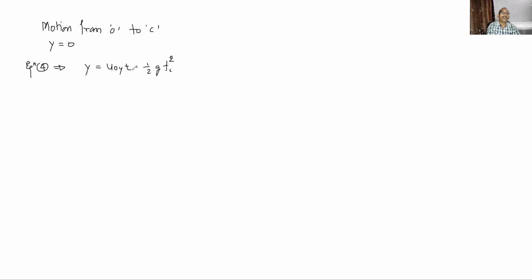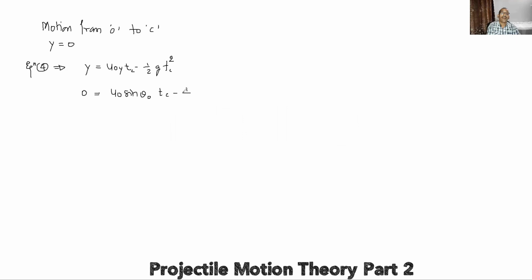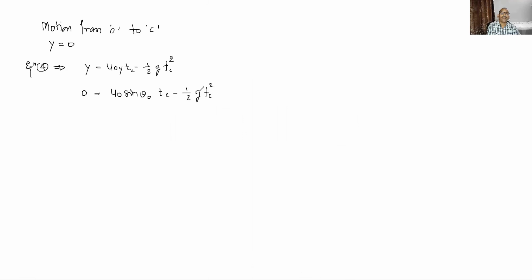You can say it is the time required to reach location C. Now the y term is 0. u0y means u0 sine theta 0, the vertical component of velocity, into tc, minus half g tc square. Now using this equation, easily you can find out how much time it takes to reach location C.